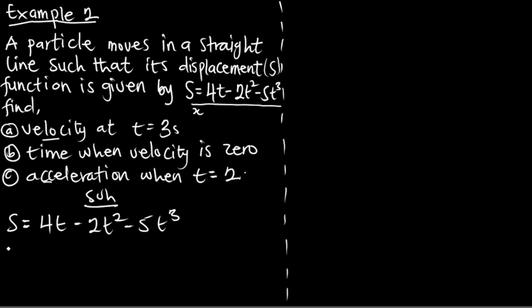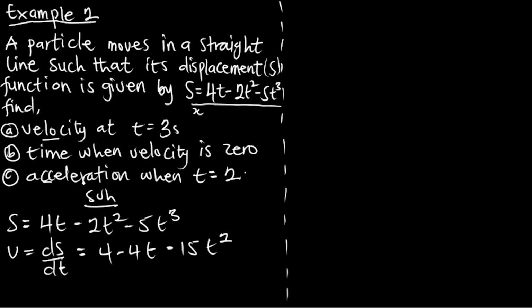We know that the velocity is ds with respect to t. If you differentiate this, we get 4 minus 4t minus 15t squared. This is the velocity equation.